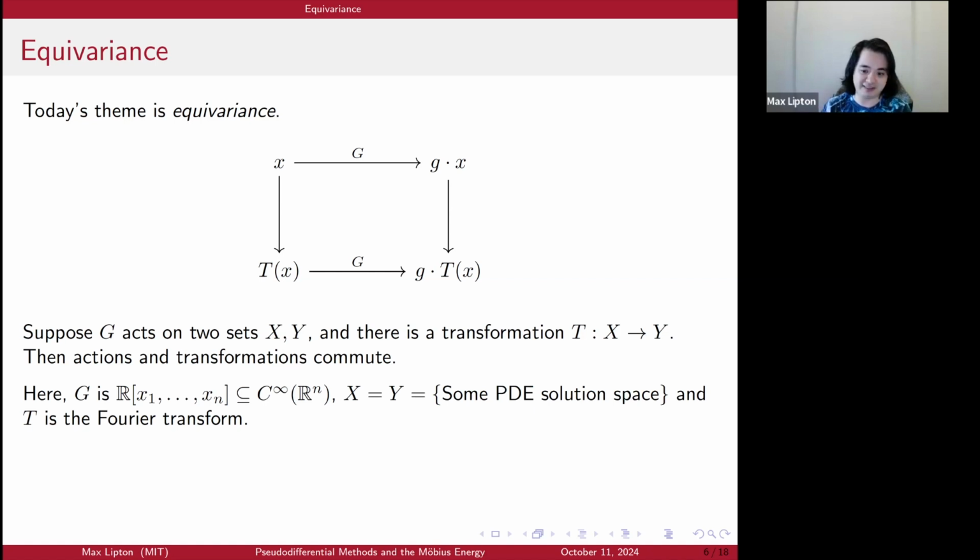And our spaces that are being acted upon, X and Y, are going to be the same, and it's going to just be some PDE solution space. In the most general sense, it could be distributional derivatives, it could be some L^p space, and T is going to be the Fourier transform.